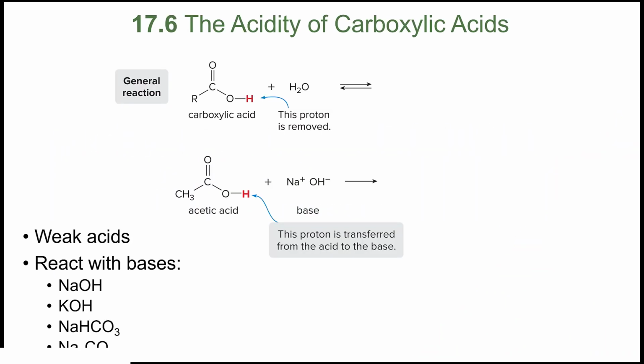Carboxylic acids are acidic, as the name implies. That means that the proton in red there is easily removed, and once it is removed, it forms the carboxylate anion.